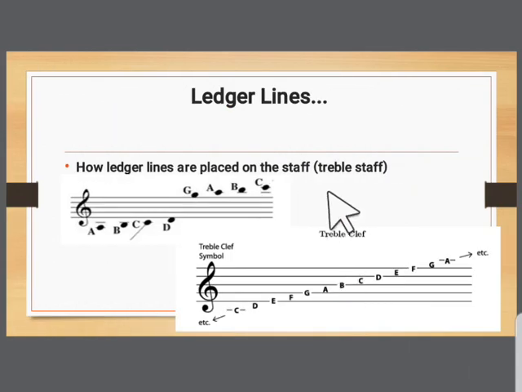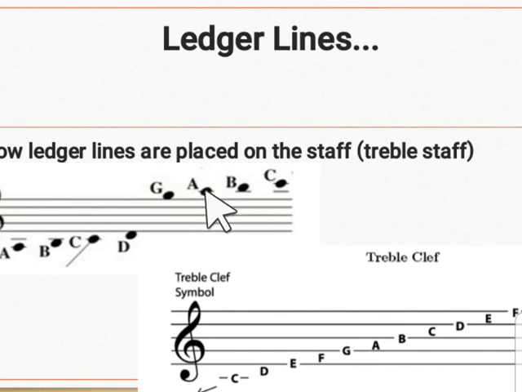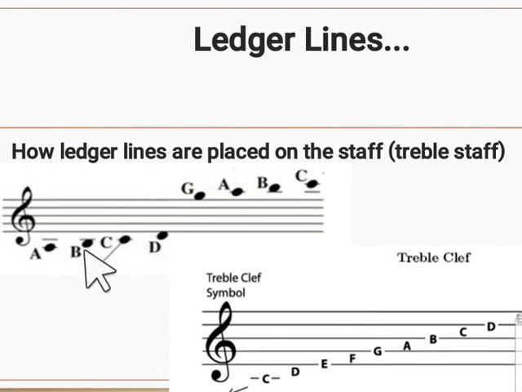Let's look at some examples of ledger lines. This is a ledger line, a small horizontal line. These lines are placed either above or below the range of the staff.